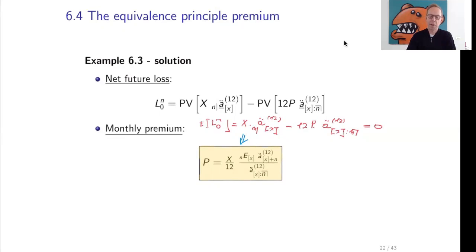The expected loss is given by this expression here, and we have to set this expected loss equal to 0. Then we find easily that the premium is given by this expression. That's our premium in this case.